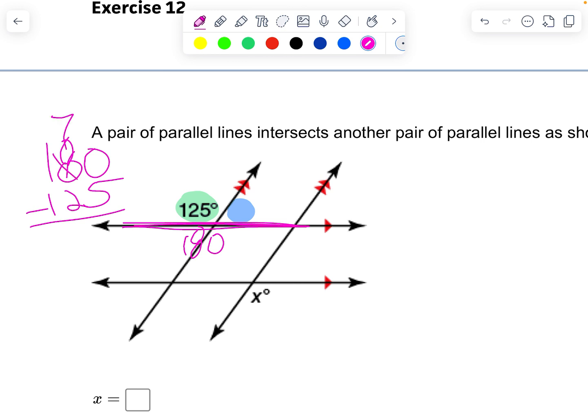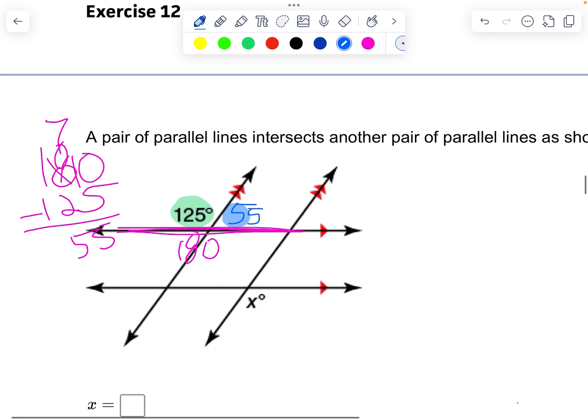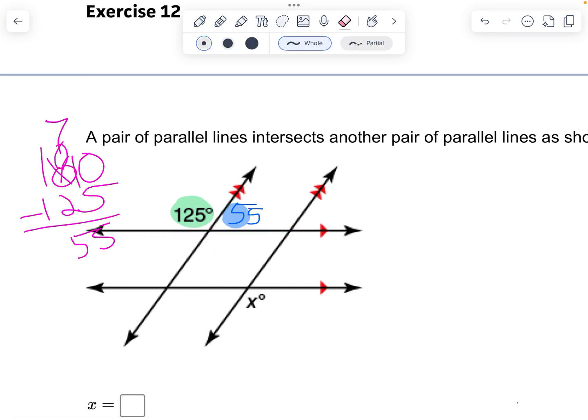This becomes a 7. This is a 5. I get 55. So this angle right here in blue is 55 degrees. So I can get rid of the 180. If I know that that's 55, I know everything that I need. Because, watch this. If this is 55 degrees right here, then this one right here is 55 degrees as well, because they're corresponding angles cut by parallel lines and transversals.